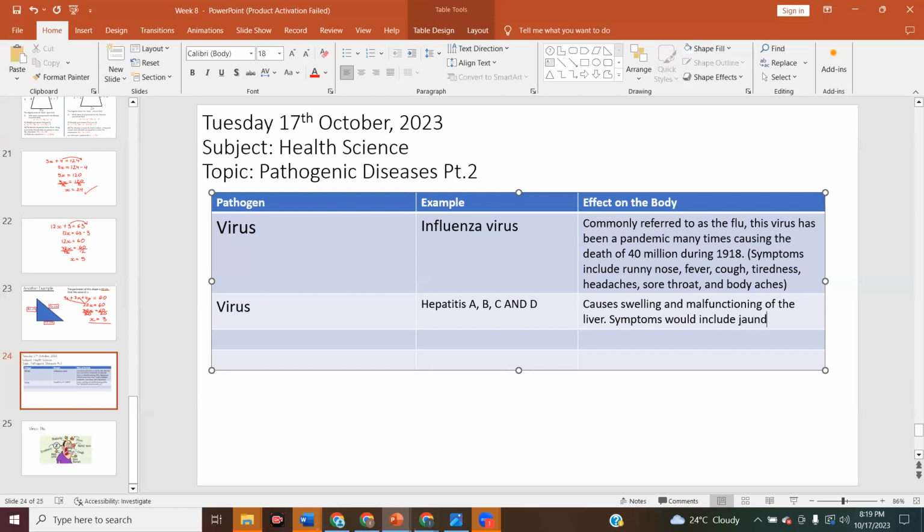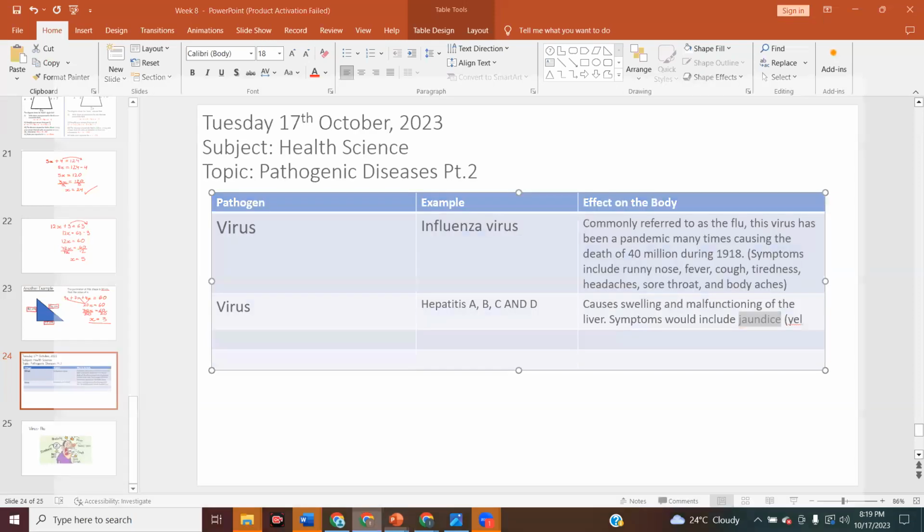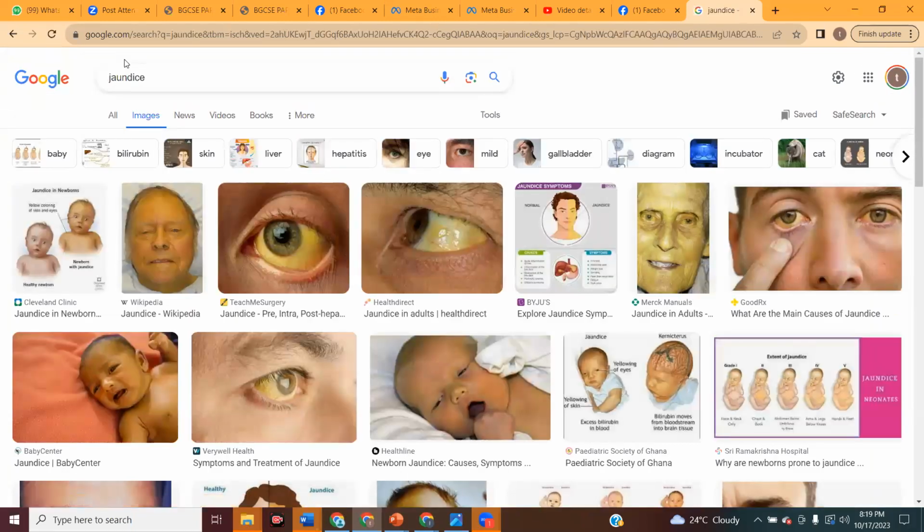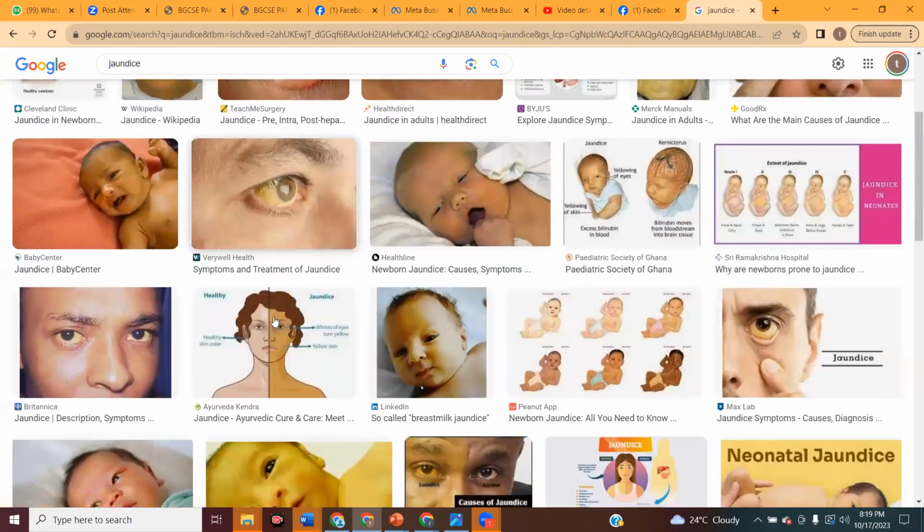Okay, and if I show you jaundice, you wouldn't like that picture. Can we see it, please? All right. For those who cannot take bad pictures, close your eyes. Yellow eyes. So jaundice. All right. People with these color eyes.